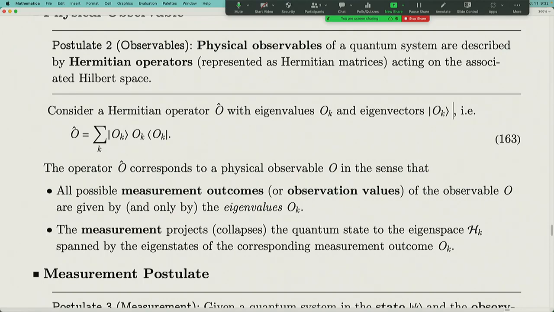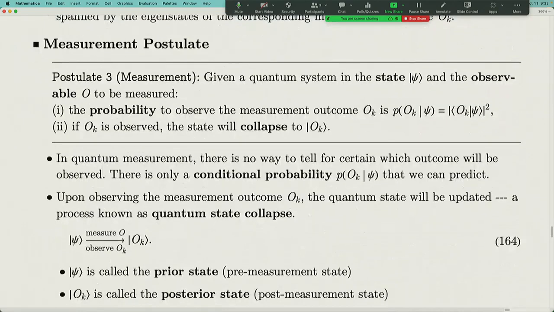And when you observe that eigenvalue, the system will collapse to the corresponding eigenstate, no matter what state the system was in at the beginning. But if there's degeneracy, things will be more complicated. There are several eigenstates corresponding to the same eigenvalue. They actually span the eigen subspace, and the state will be projected to this eigen subspace. Don't worry about that. We will talk about the details very quickly.